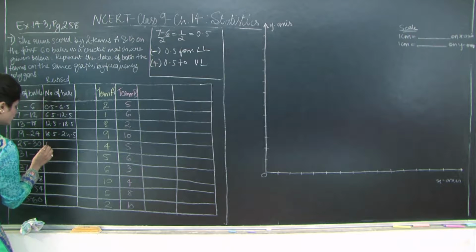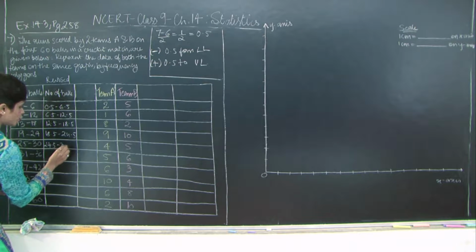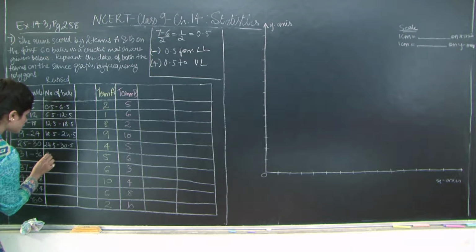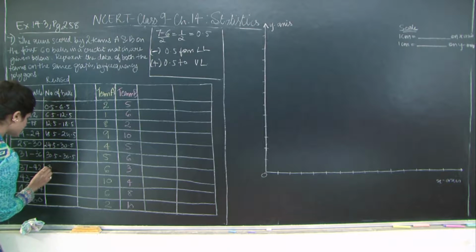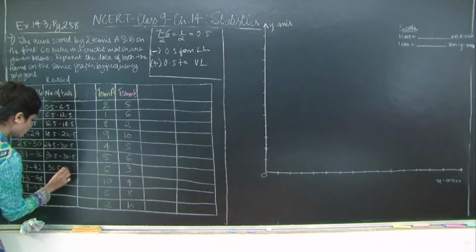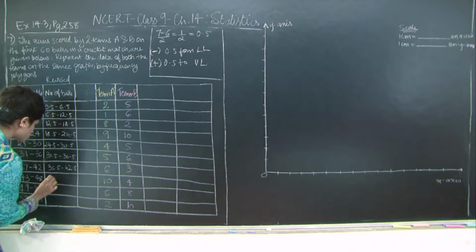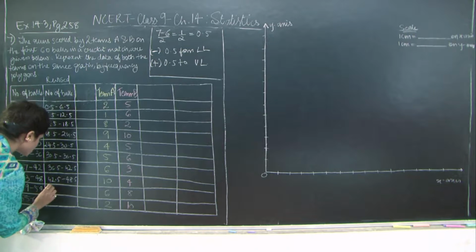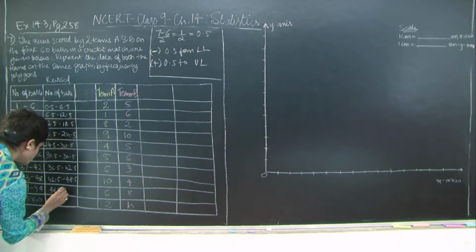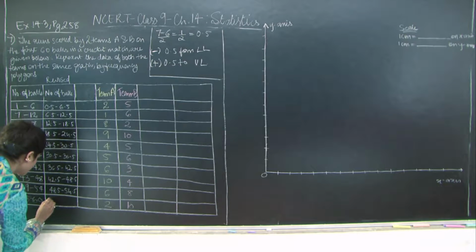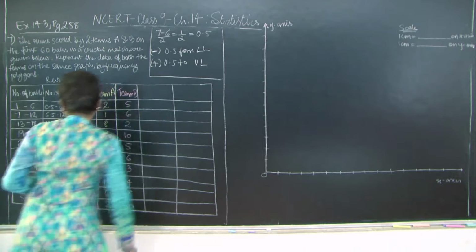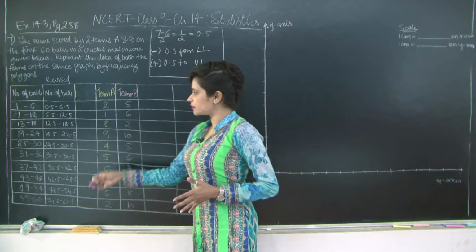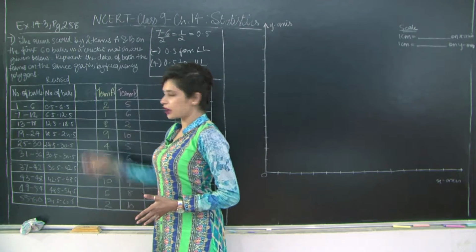Then we have 24.5 to 30.5, then 30.5 to 36.5, then 36.5 to 42.5, 42.5 to 48.5, then 48.5 to 54.5 and 54.5 to 60.5. Also, you will notice that these class intervals, the class size is the same throughout.